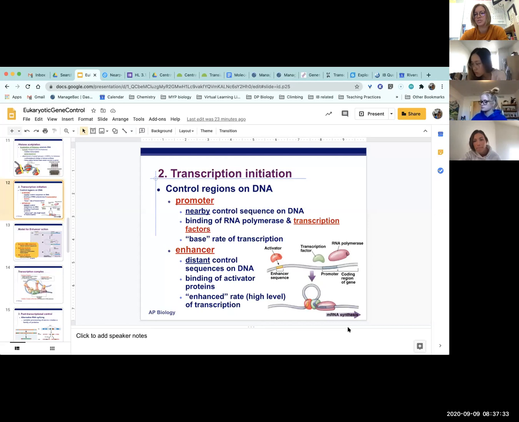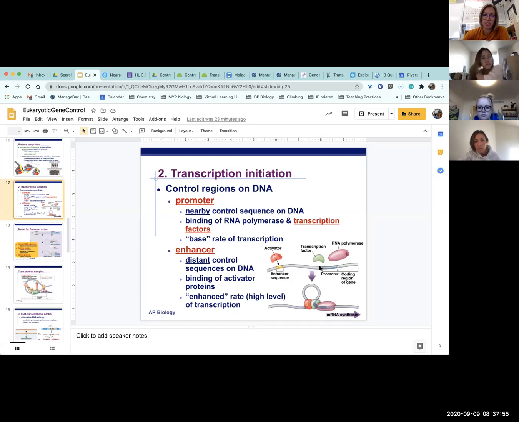So if you're looking back at your old notes or the textbook, you're going to find that in transcription, we have ways that we regulate that. We regulate it by having locations that the polymerase can bind onto on the gene.